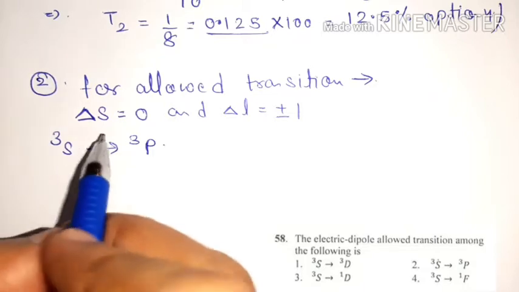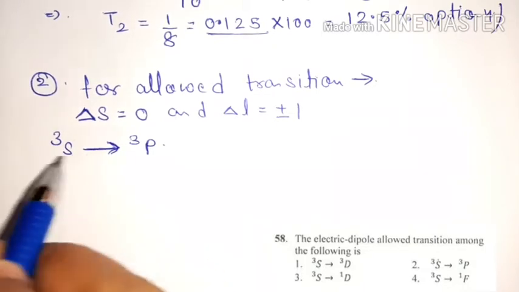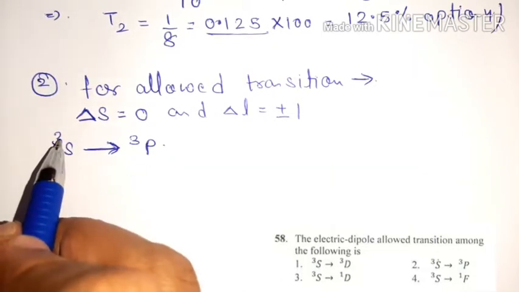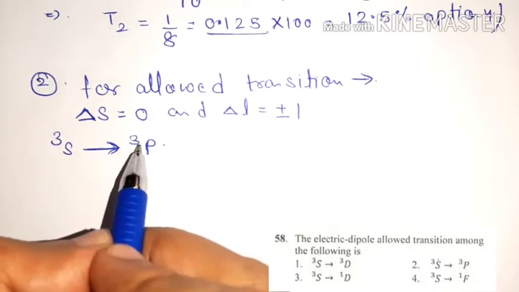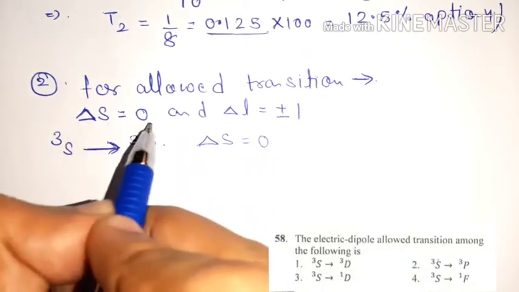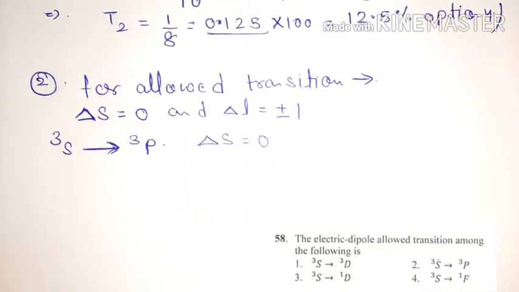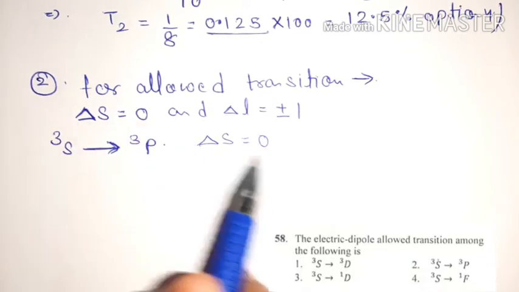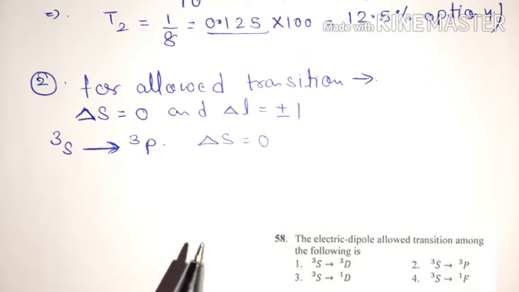Now friends, in this transition you can see that here the multiplicity is 3, and here also the multiplicity is 3, so delta S will become 0. So the first selection rule is followed. Now check the second selection rule, that is delta L equals plus minus 1.